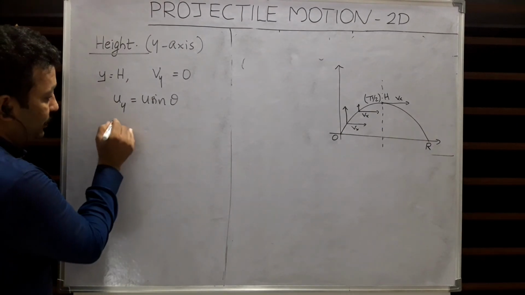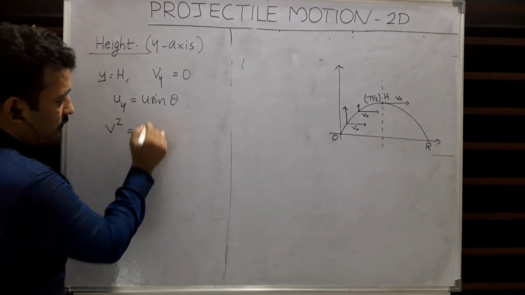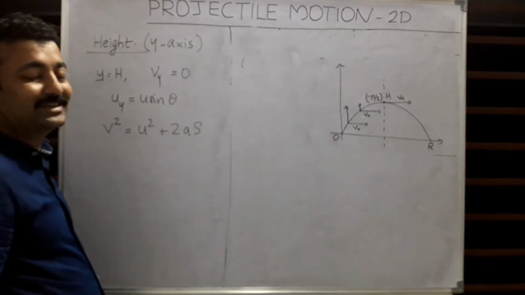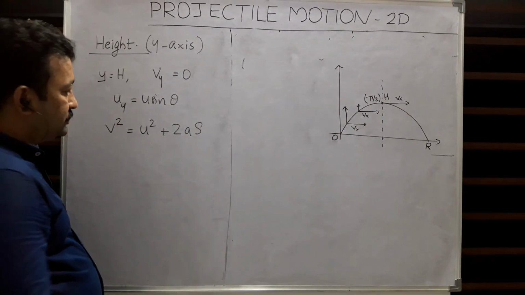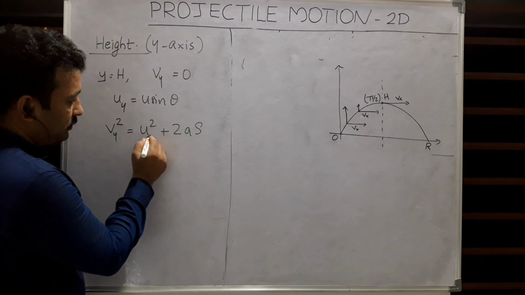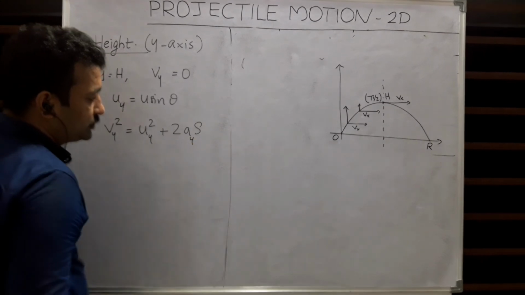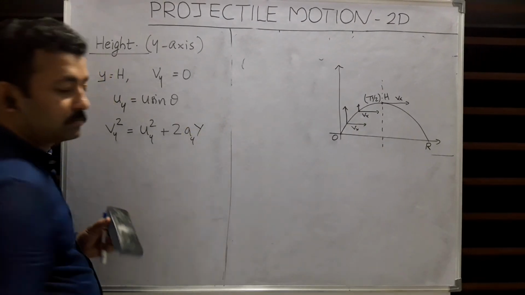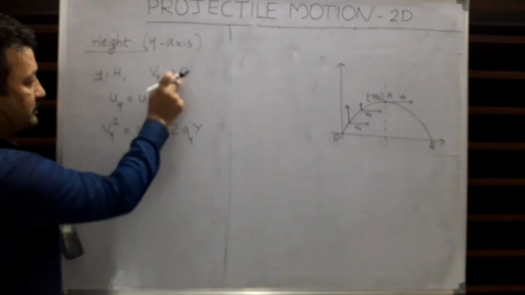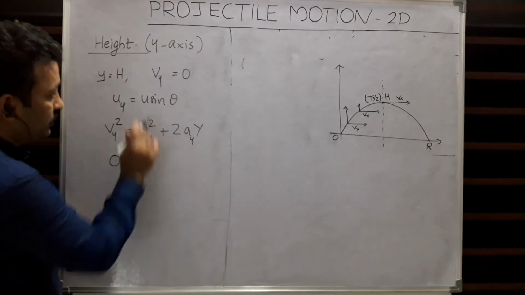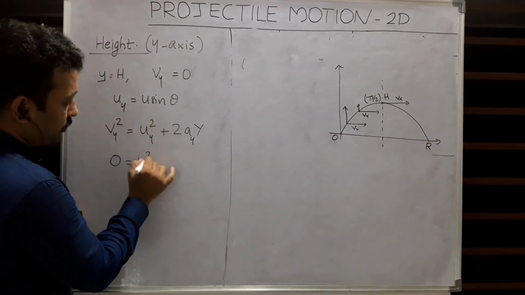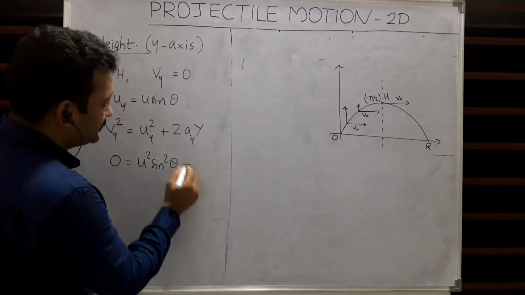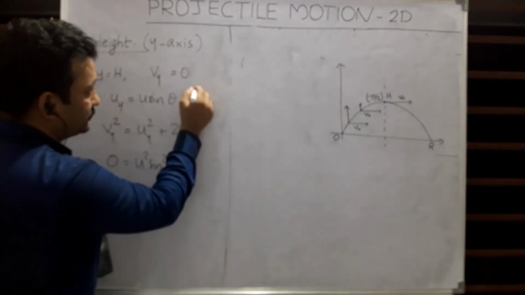So there is an equation which is useful for you. V square is equal to u square plus 2as, the velocity displacement relation. Change this to Vy square, Uy square, Ay, and s as y. Vy square is 0, Uy square is u square sine square theta. This is minus, Ay is minus g, as you remember.